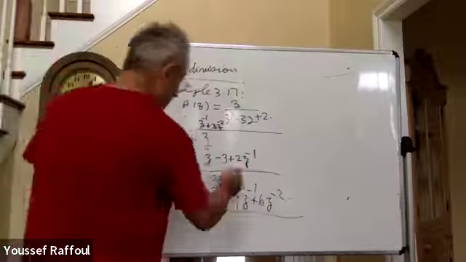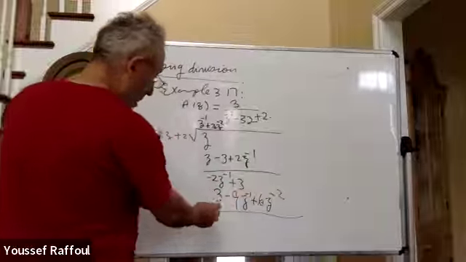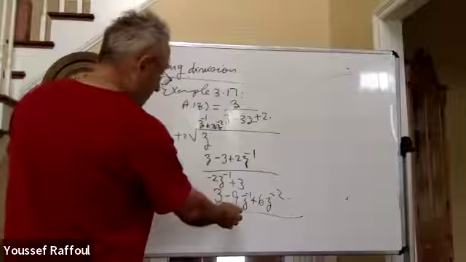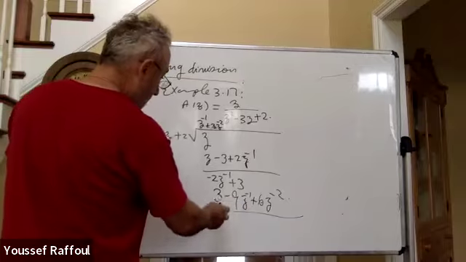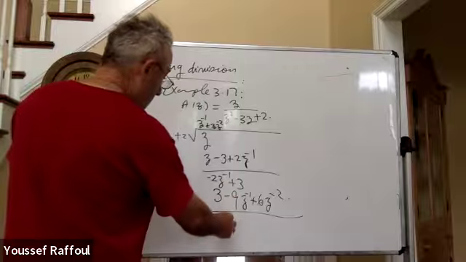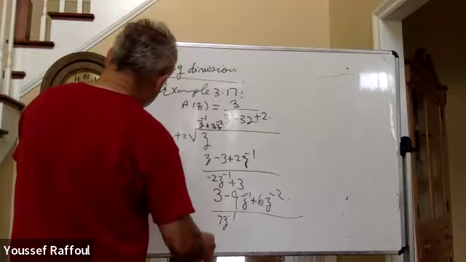And then you add, and this goes away with that one. You see? So we have plus 7z to the minus 2.